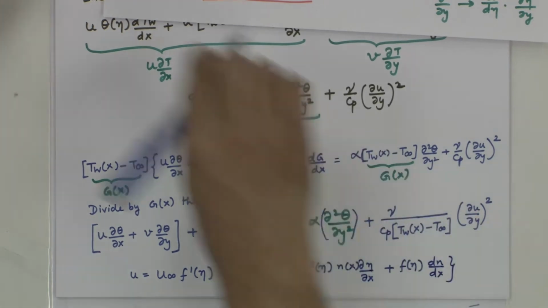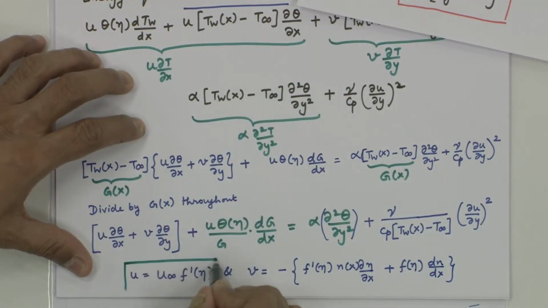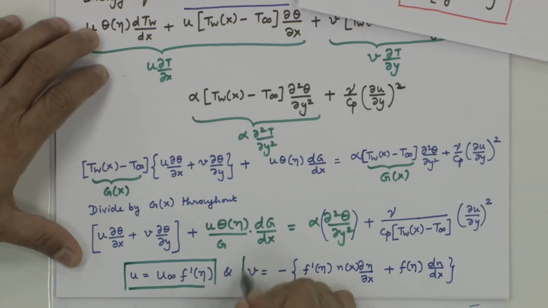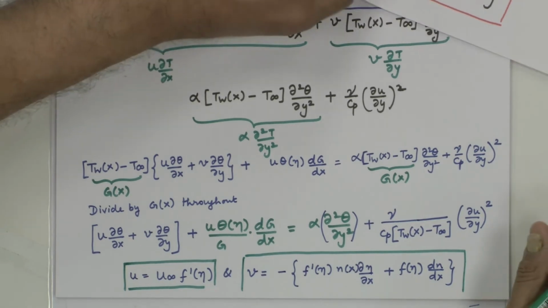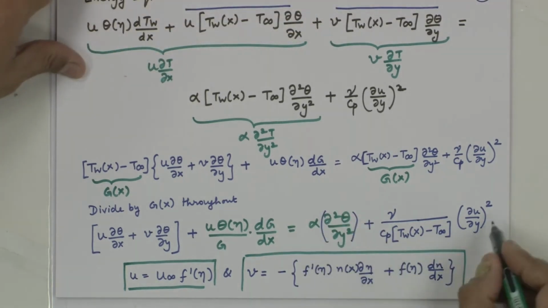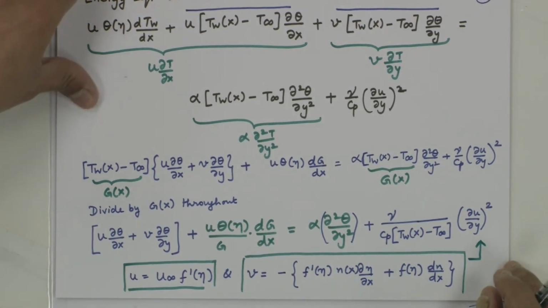These were derived earlier and we are just using this. This was your definition, and v is this. This was derived. So now we are going to substitute these two in this equation, and of course use d theta/dx.